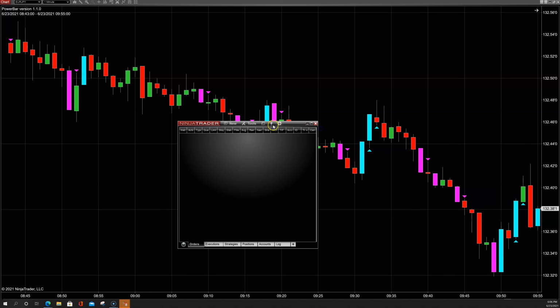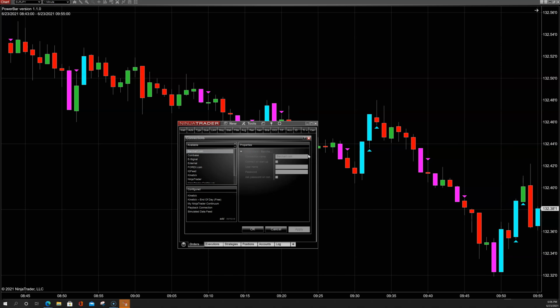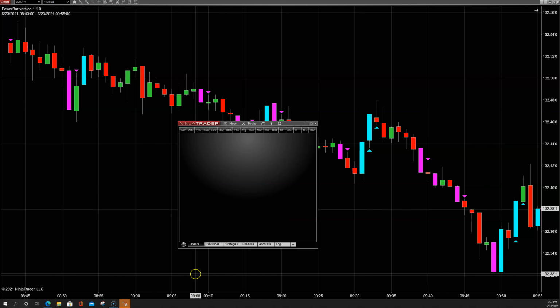This is my Kinetick setting. Go to configure. Now you get data from Coinbase. So you gotta add it. You gotta set it up here, right? You just click on it, and it'll come up here, and it'll appear down here under configured. Just click apply. You don't need it to start up on connect. Just connect it when you connect. Okay, click apply. So you have it set up in there.